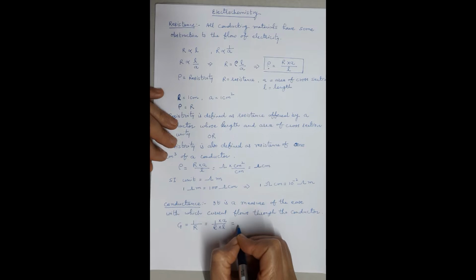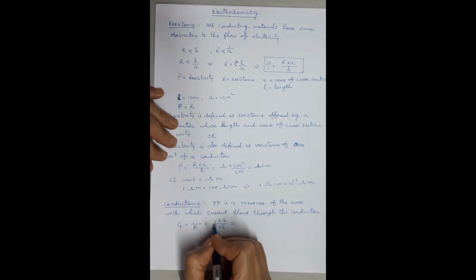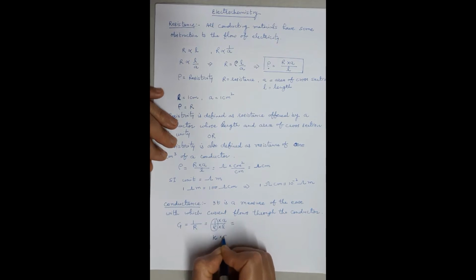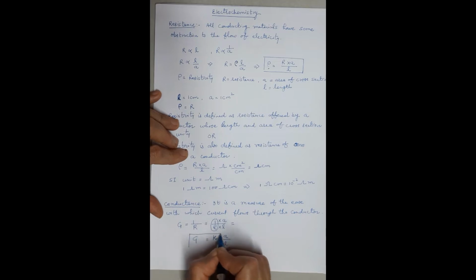Kappa is conductivity. Inverse of resistivity is conductivity. So this is represented by the symbol kappa. And this is A by L. And this is G.